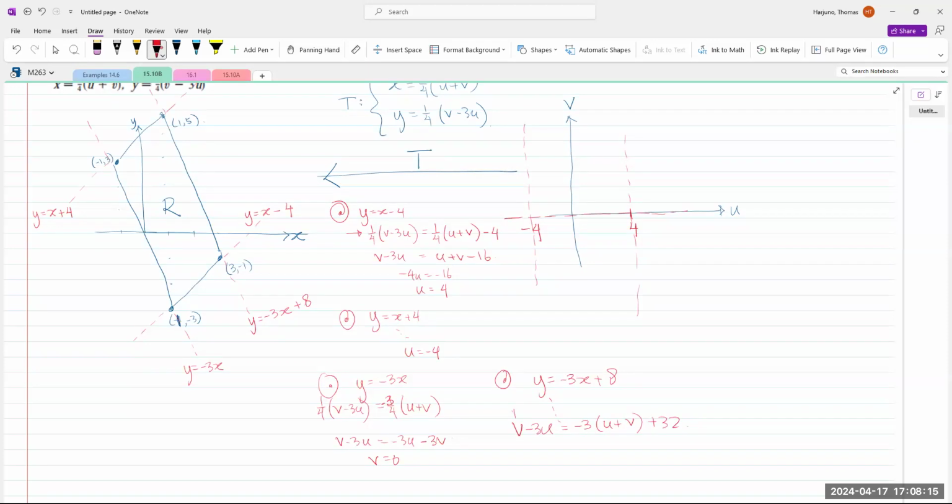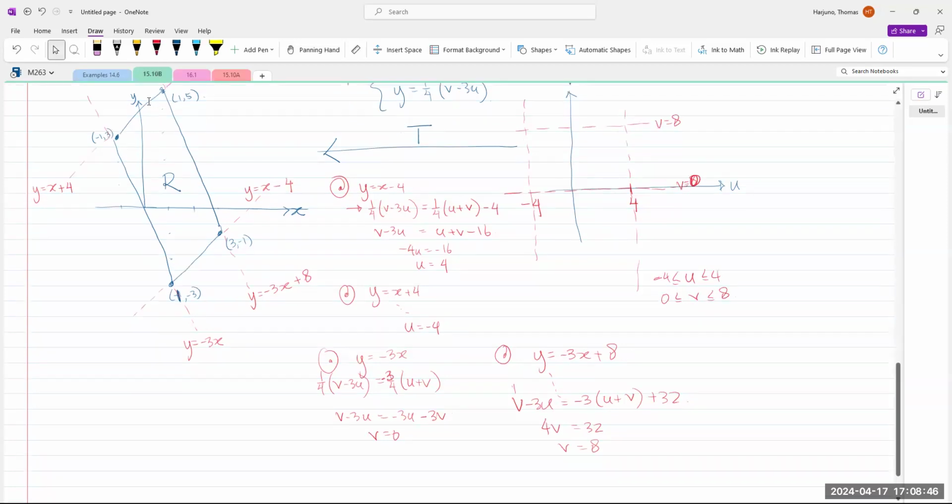Negative 3u cancels, 4 phi equals 32, phi equals 8. So notice that u is between negative 4 and 4. Very nice rectangle, right? And phi is between 0 and 8.